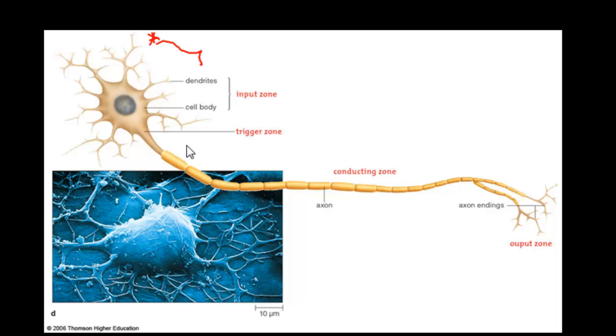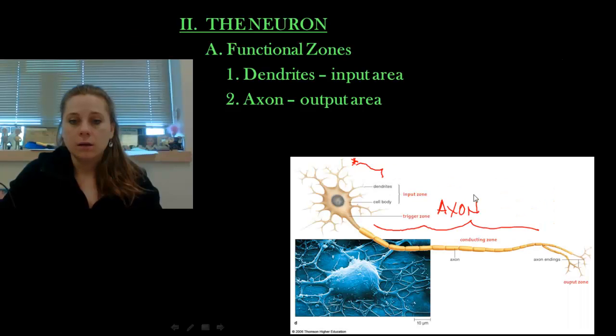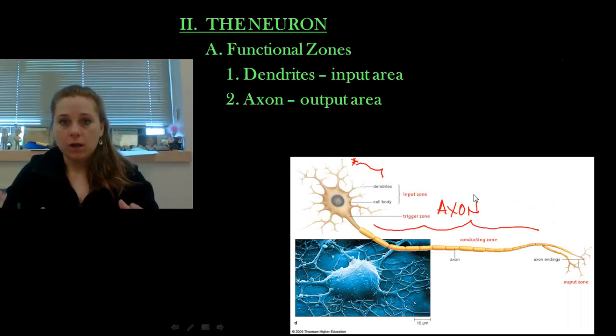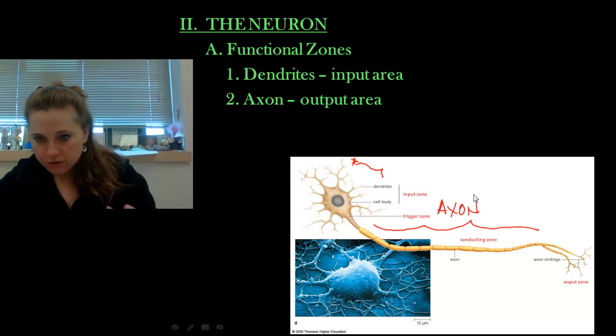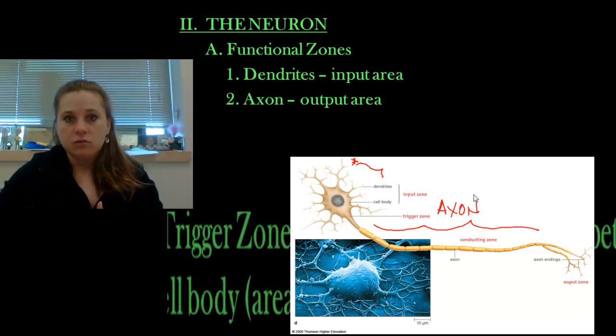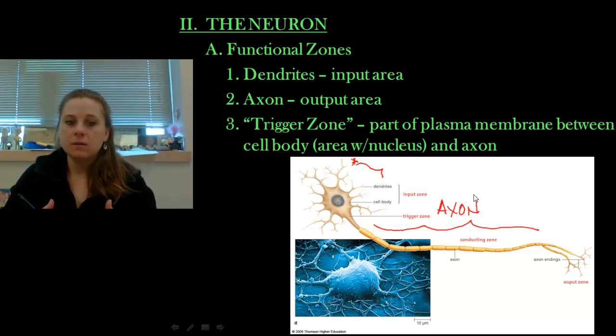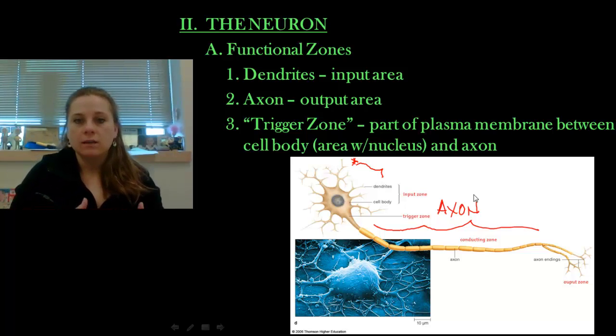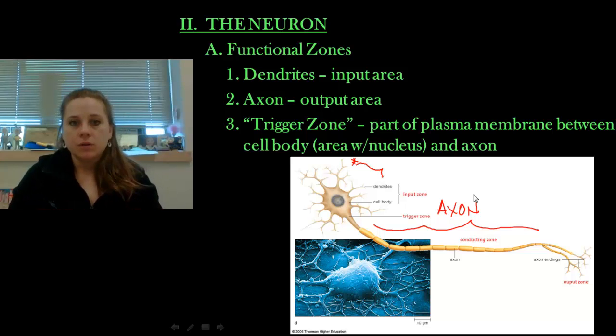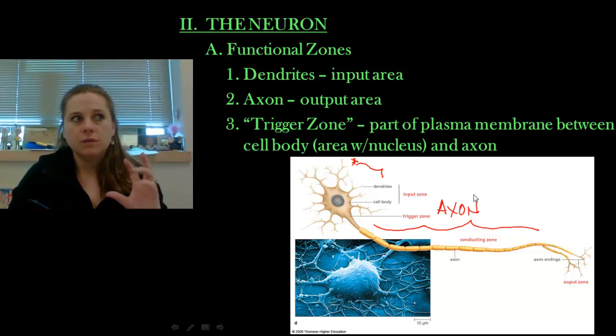The axon is a really big part, because this axon here is the output area. This is what transfers the signal down and eventually shoots it out the end. The axon begins with an area known as the trigger zone, and the trigger zone is close to the cell body.